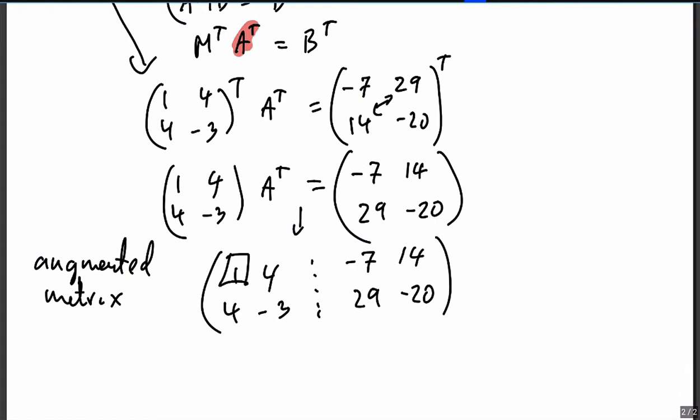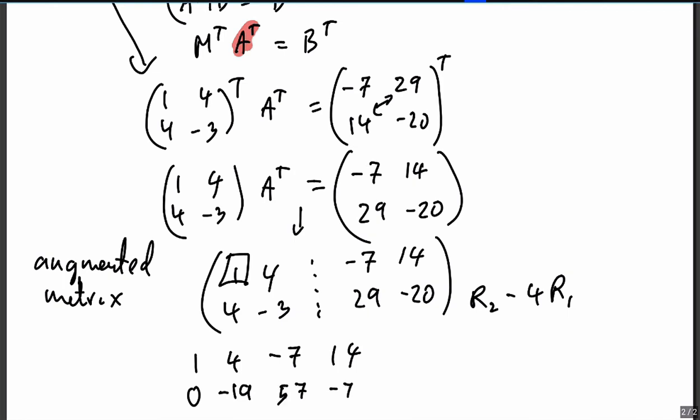So using the pivot entry 1, 1, what we need is row 2 minus 4 times row 1. We get 0, minus 16, minus 19, 28 plus 29, so 57. And minus 56, minus 20, minus 76.